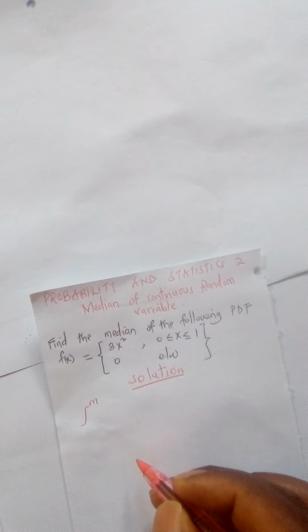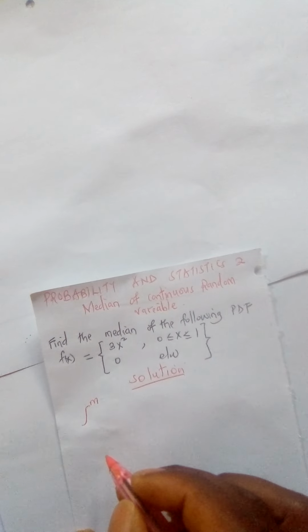Once we are in a position of getting m, already we shall be in a position of getting the median. Then since m is at the upper limit, the lower limit can go as far as negative infinity, because we can't estimate the exact value of the lower limit. So here we say it is negative infinity.